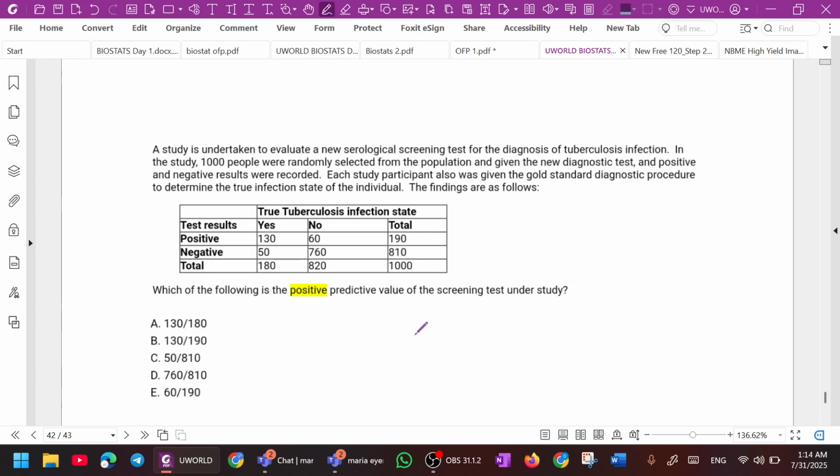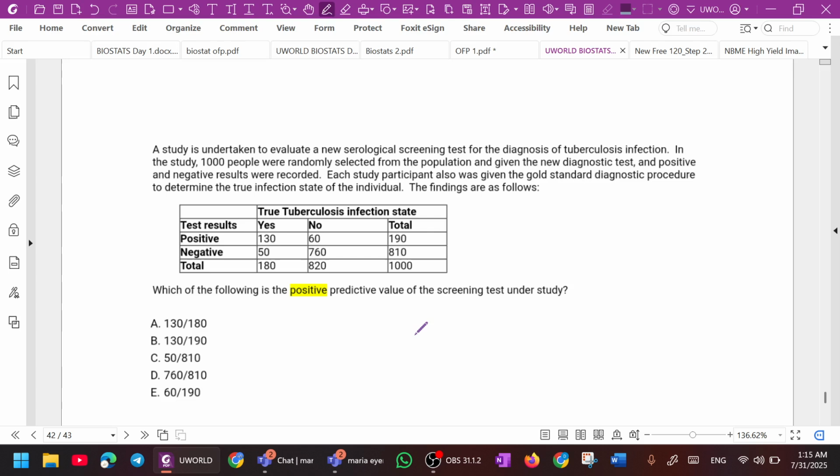Is it one? Huh? Wait, I am thinking. Positive predictive value is true positive divided by true positive plus false positive, isn't it? So 130 by 190. 130 divided by 190. Okay, you think it's this one?